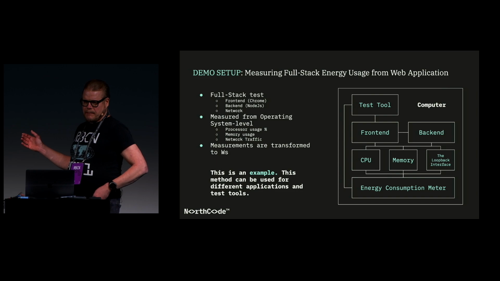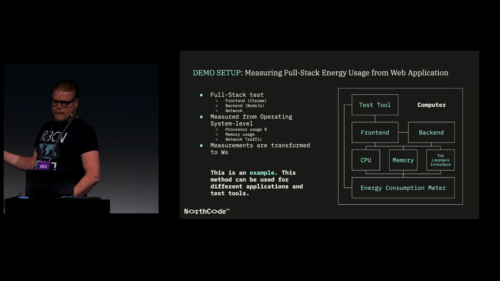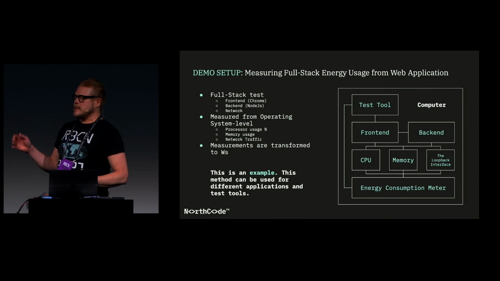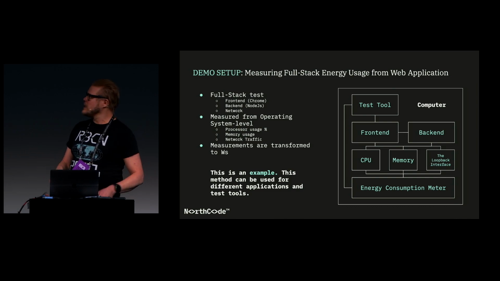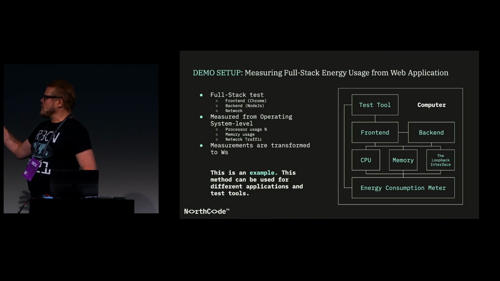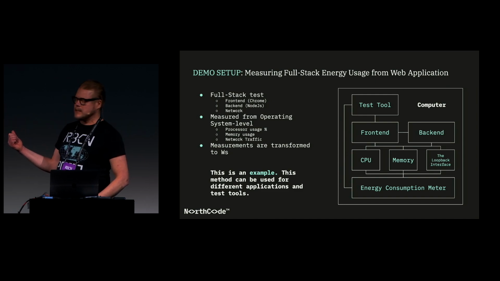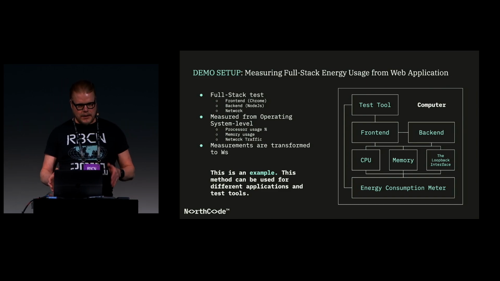So it's going to be a demo. This is the last slide, and here's the demo setup. We have a computer, which is this machine here. Then we have this test tool, Robot Framework. Nobody heard about it? No? Yes? Good. And then we have a front end, which is, of course, the browser. The back end is Node.js in this case. And then we have an energy consumption meter with a Robot Framework listener.